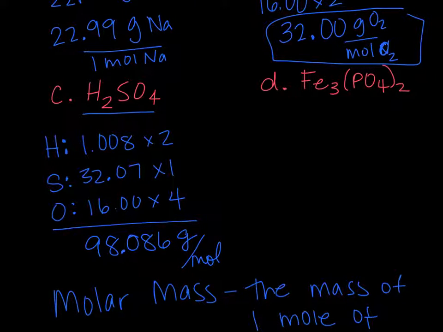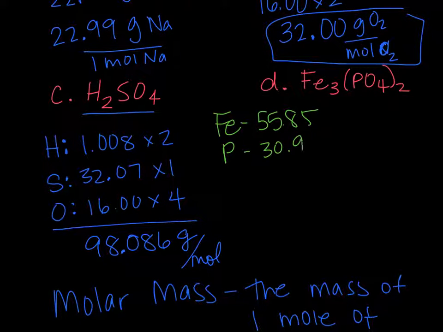All right, let's do one more. I'm going to write this one in green because it might get a little big here. So for iron is 55.85 and phosphorus is 30.97, and oxygen is 16.